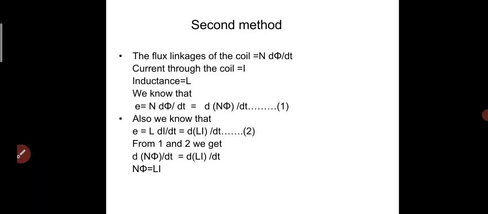Next, the second method. If the flux linkages of the coil and current are known, then the inductance can be determined as follows.